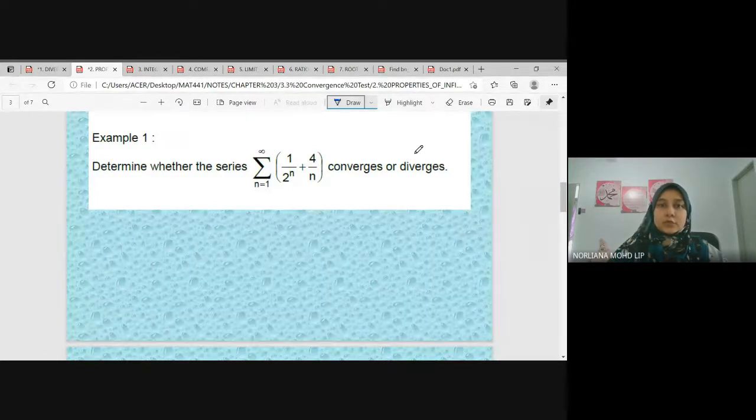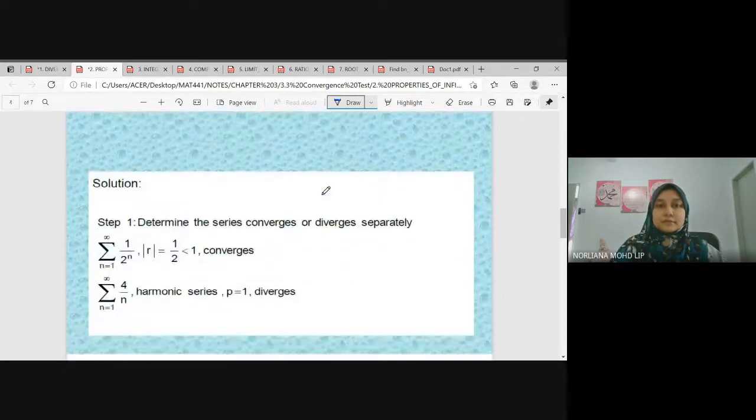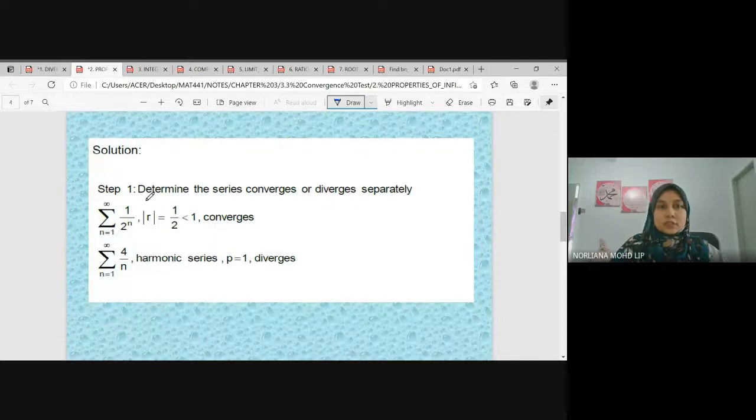So we test this series an and then bn. We test separately. Okay, so untuk an, this is the geometric series kan. Ni you all kena tahu, the geometric series.